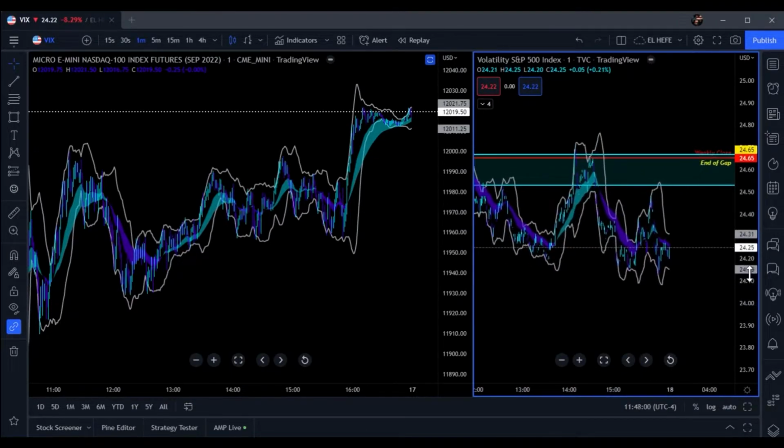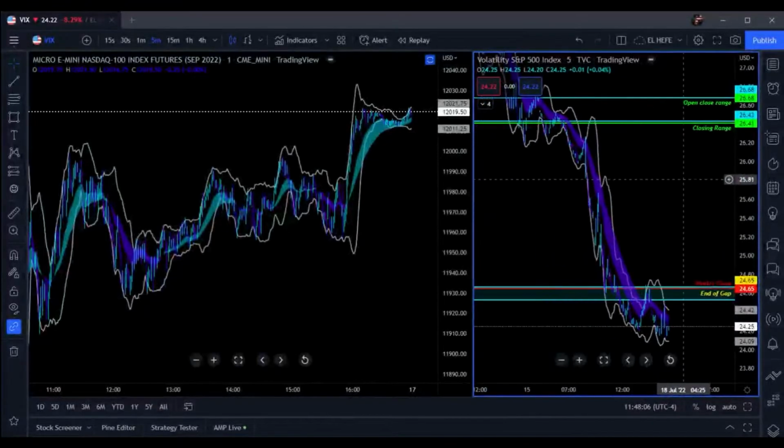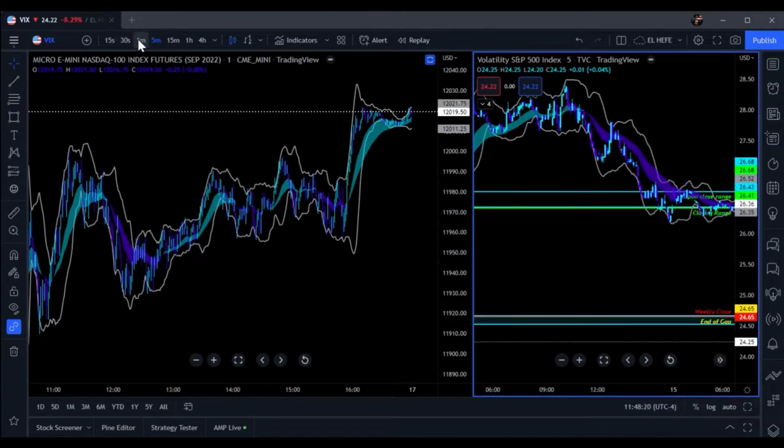And again, the 5-minute VIX. If you're not having clarity from a 1-minute VIX, just set your opening and closing range on a 1-minute close. Let me go back over that so there ain't no absolute confusion on this deal.